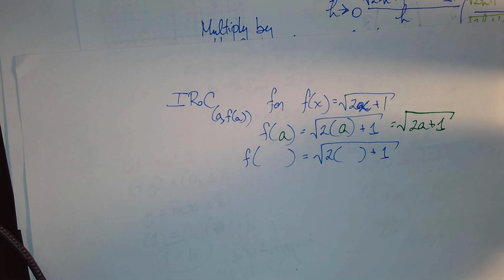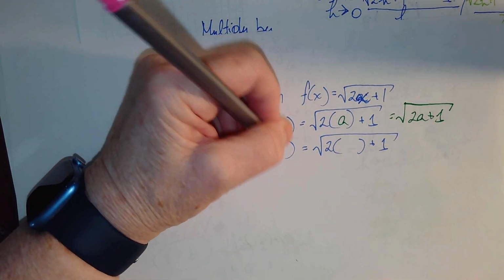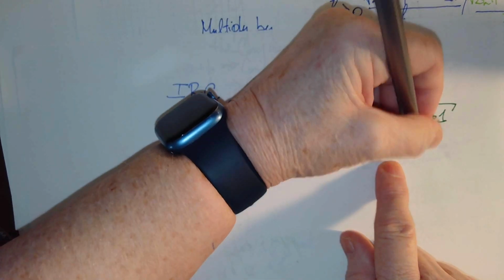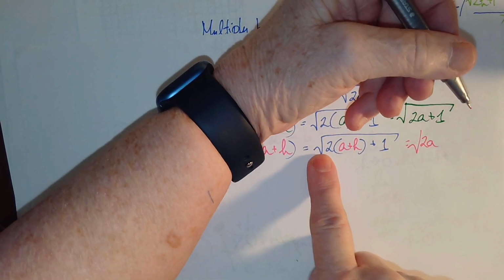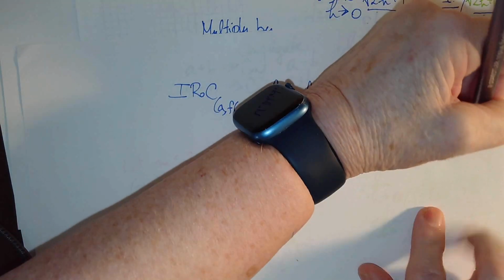When we substitute in a plus h, we just get 2a, I'm going to distribute this 2, times 2h plus 1.